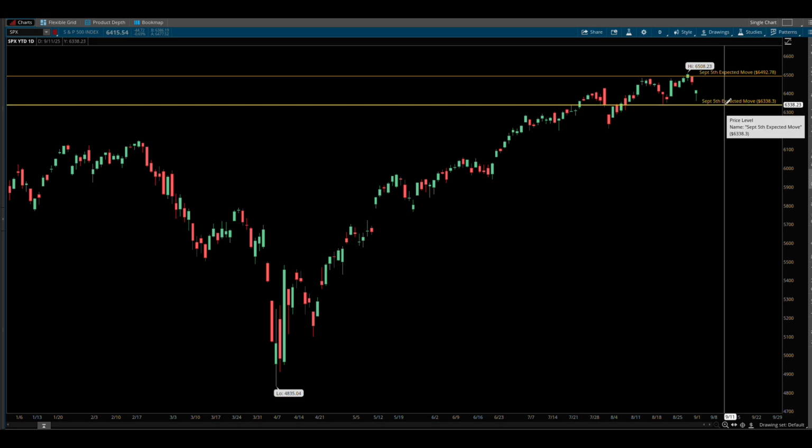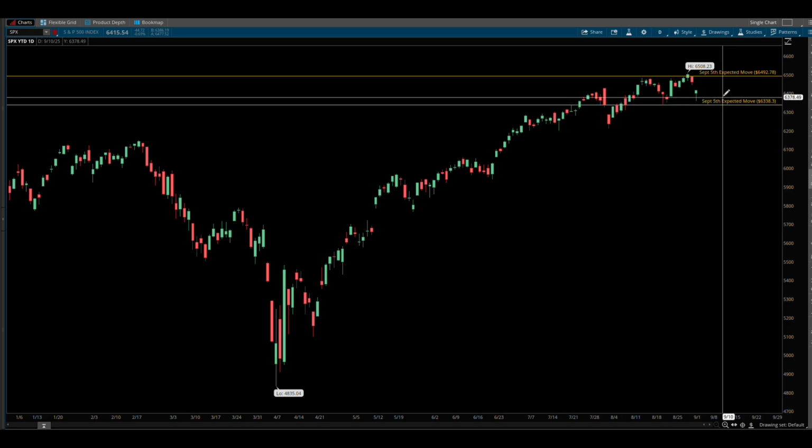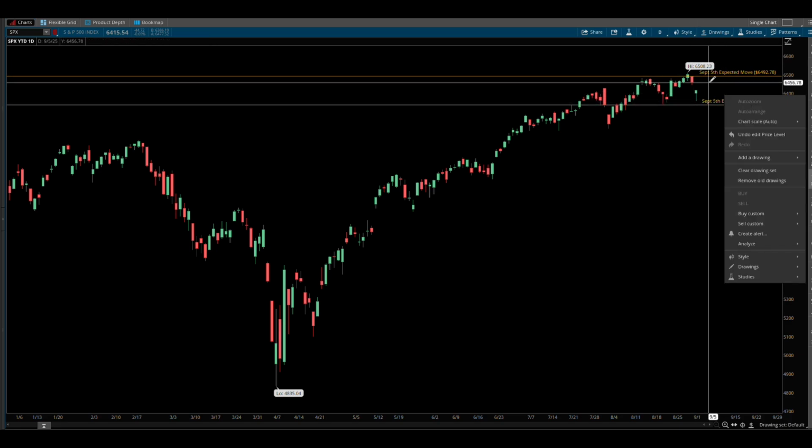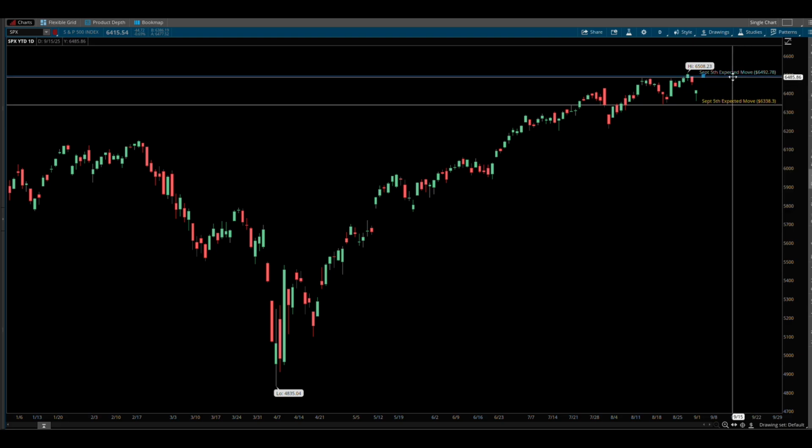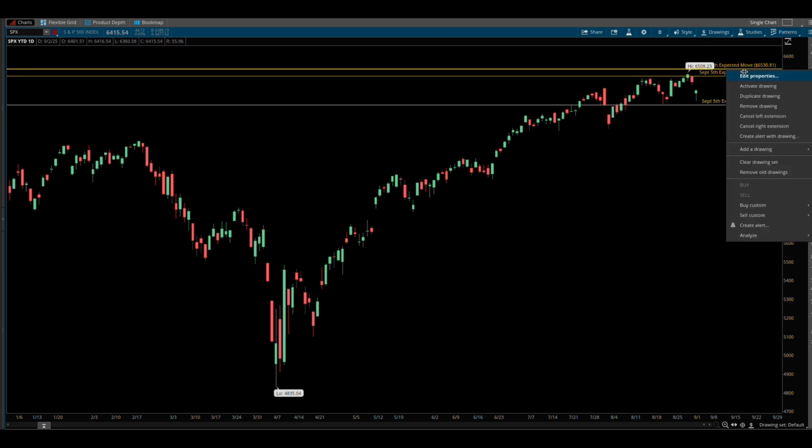Now I took off my expected moves for this week already, but let me just show you that the expected moves from last week were actually slightly different, because it changes throughout the week.